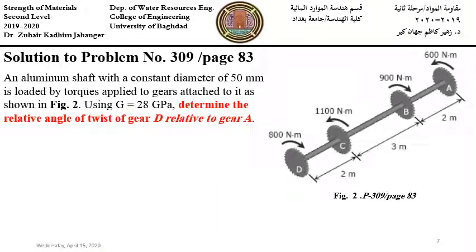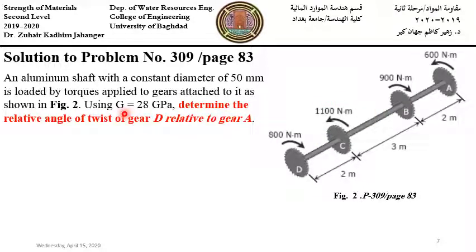Solution of problem number 309, page 83. An aluminium shaft with a constant diameter of 50 millimeter is loaded by torques applied to gears attached to it, as shown in figure 2. This gear system, gears A, B, C, D, has a torque on each one, as shown in the figure.